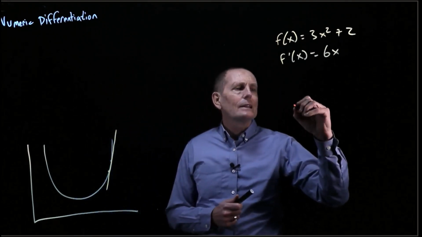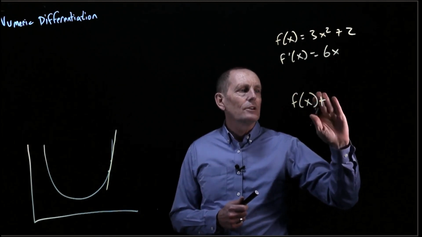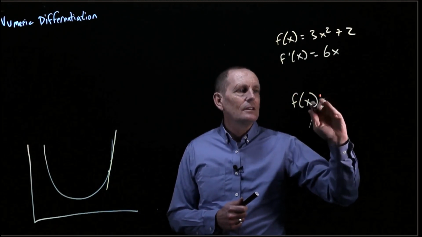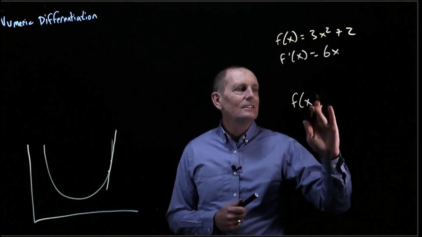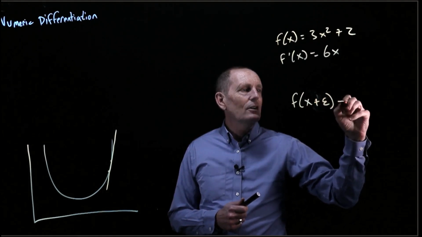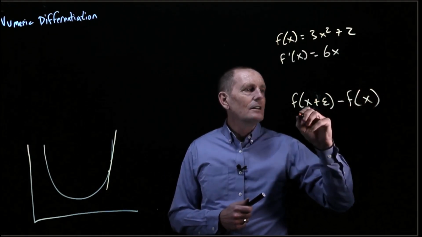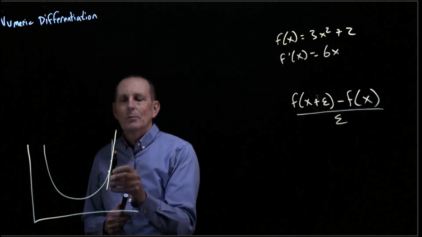So we can look at f of x plus some epsilon minus f of x, divided by epsilon. That is going to give the slope of this line.